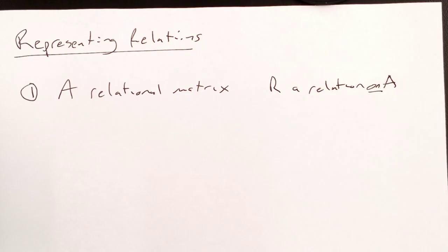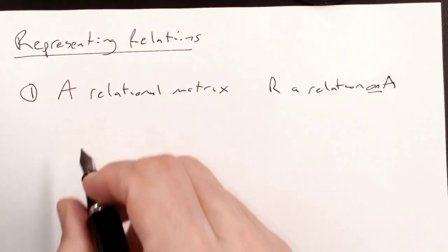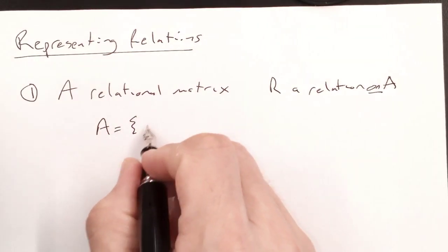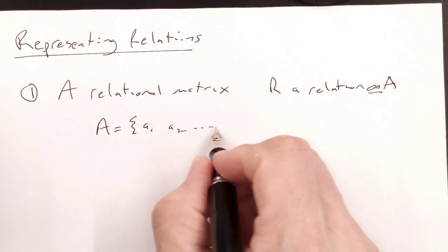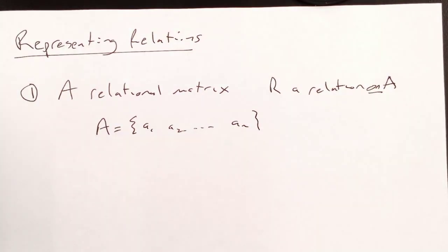Exactly, I'm going from A to A. In that case, I'm going to list the elements of A in some order. And then I'm going to define an array, a matrix.